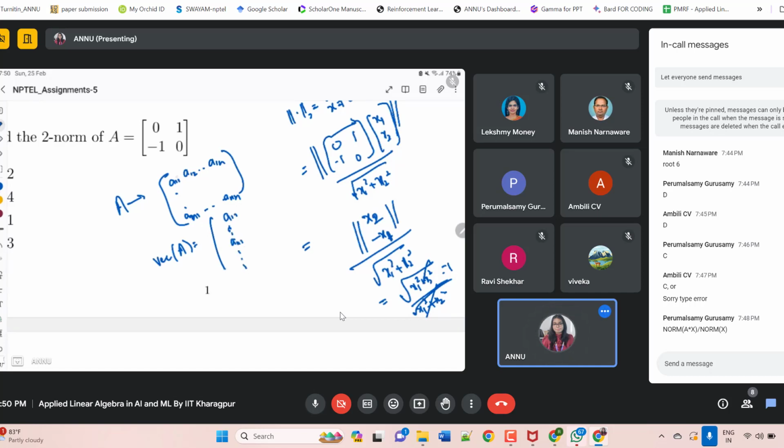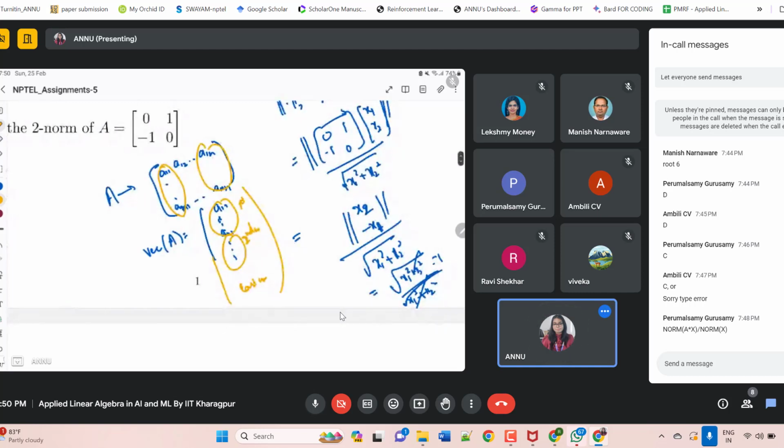You're appending the first column, then the second column, and so on to the last column, then summing all the squared values. That is, first column square plus second column square up to the n-th column square. This is the Frobenius norm.